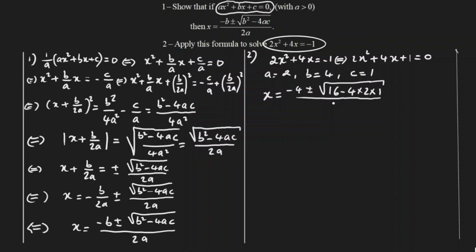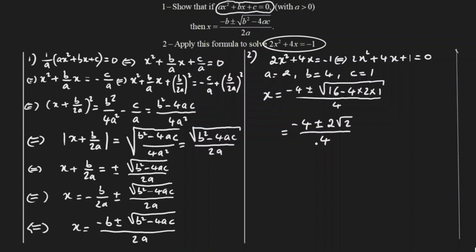So 2 times 2, that's 4. So we'll have minus 4 plus or minus the square root of 16 minus 4 times 2 times 1, which is 16 minus 8. That will give us the square root of 8. And the square root of 8 is 2 square root of 2.